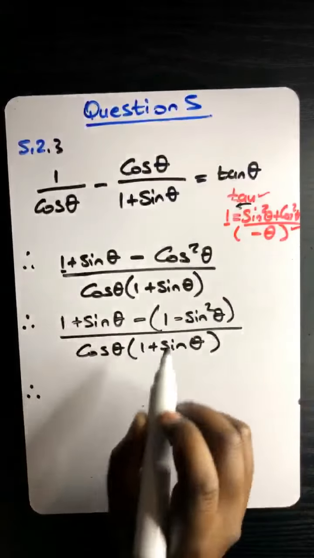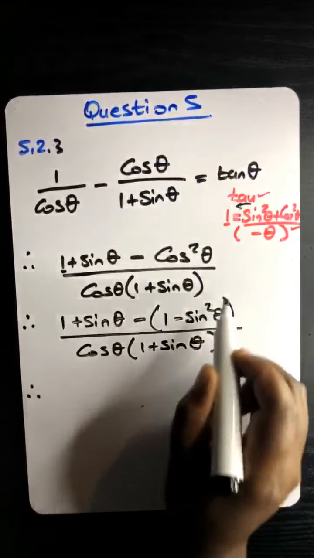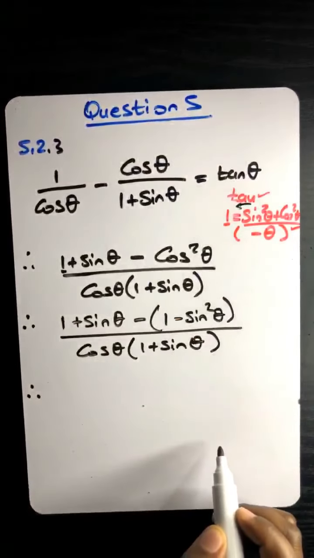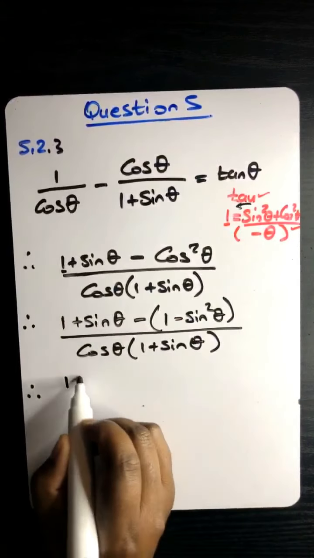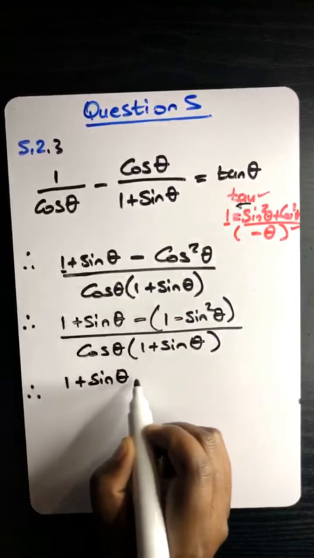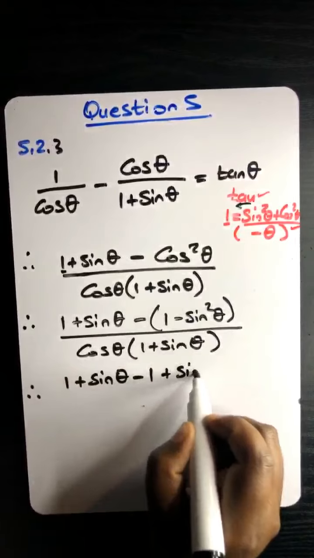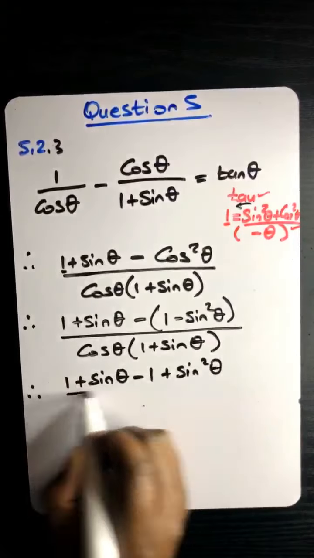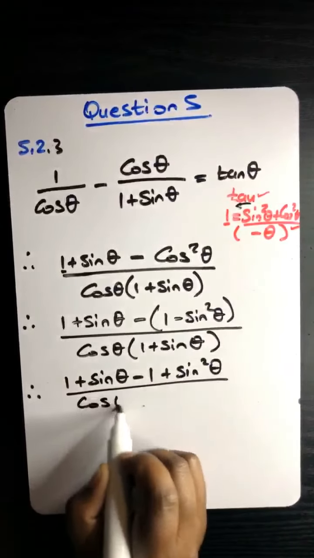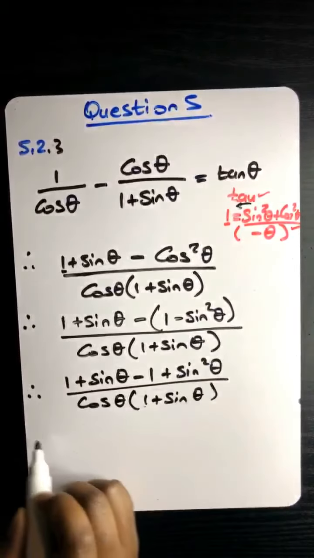You just need to be careful that this negative is that negative and then everything inside the brackets there, which means you end up having 1 plus sine angle that times, okay, that is minus 1, that times that is positive sine squared that over cos angle 1 plus sine that.